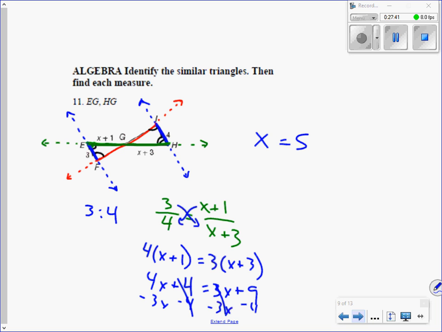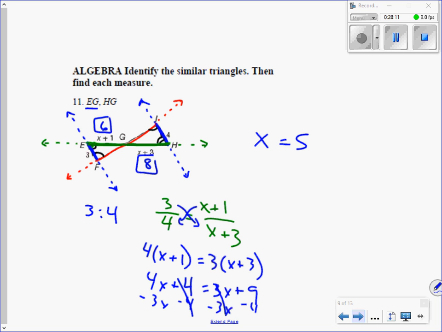That did not answer what the question asked. What's the key to making it happen? So EG is going to be x plus 1. When x is 5, that makes that 6. HG is x plus 3. That means that one's going to be 8. Okay?